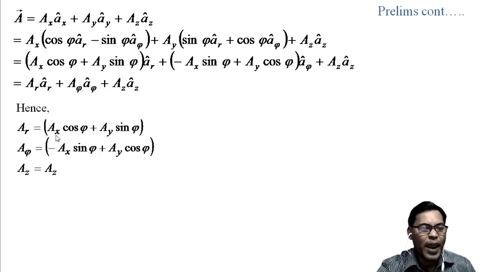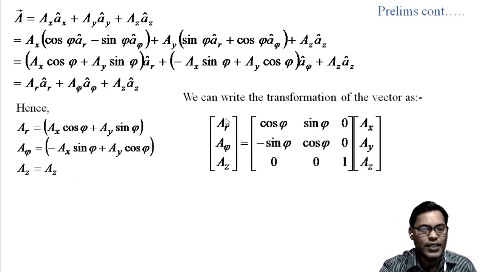Now in matrix form these three equations can be written. Here you can see that Ar, Fi, Az equals the matrix cos phi, sin phi, 0; minus sin phi, cos phi, 0; and 0, 0, 1, multiplied by Ax, Ay, Az. If you simplify this, then Ar equals cos phi Ax plus sin phi Ay plus 0, so that equation is valid.